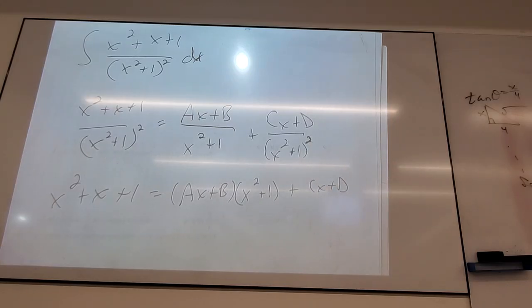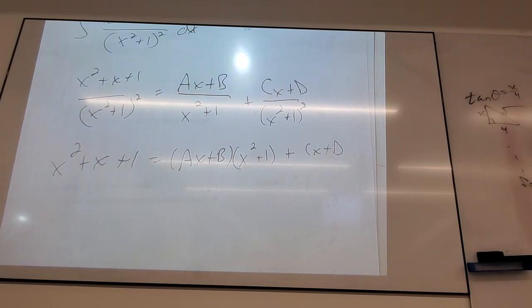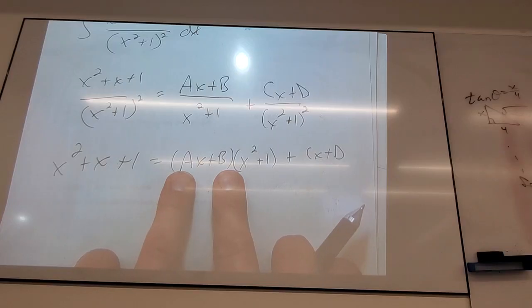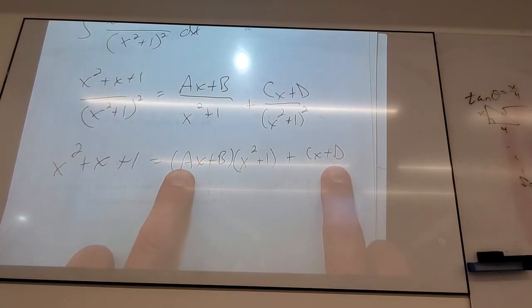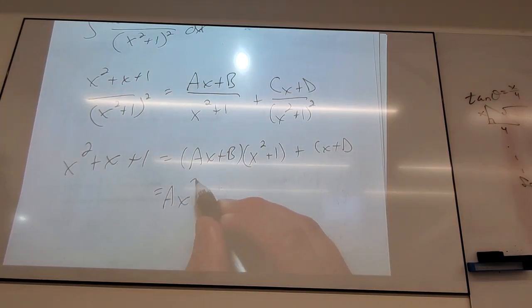Its entire denominator just cancels. Is this a situation where I could pick a value of x to help me out? Not really, no. There's no value of x that would kill any of the letters I'm trying to solve for. Do you guys see that? Damn it! So then I just have to multiply this out.